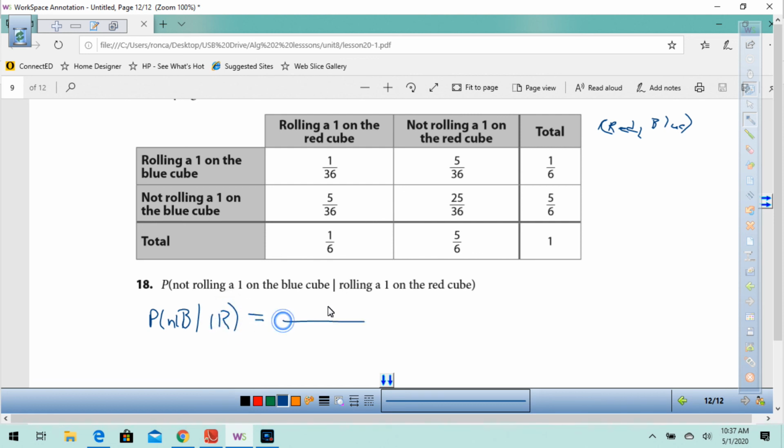Okay, so probability of not a 1 on the blue, so that could be 2, 3, 4, 5, and 6. So that's going to be 5 over 36. And then 1 on the red, and the only way that's just 1 over 6. Okay. And then if you do the arithmetic on that, invert and multiply, you're going to equal 5 over 6. Now, I got that here, and I got that there.